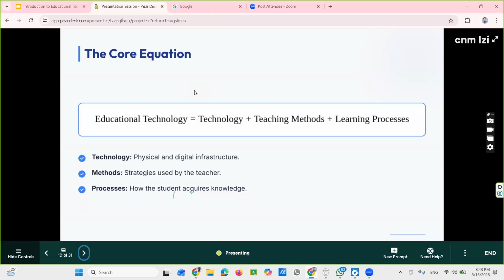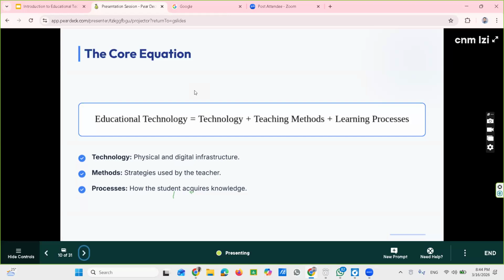Learning process also, right? Below that, define each term. The technology: the physical and digital infrastructure, hardware and software, right? All of these things are under technology. Methods: strategies used by teachers. How they are using this hardware and software to deliver the lesson. What are the strategies they are using to deliver the lesson using hardware and software?